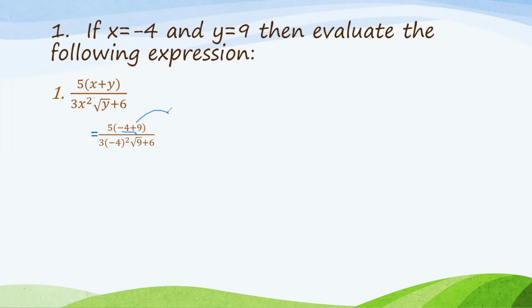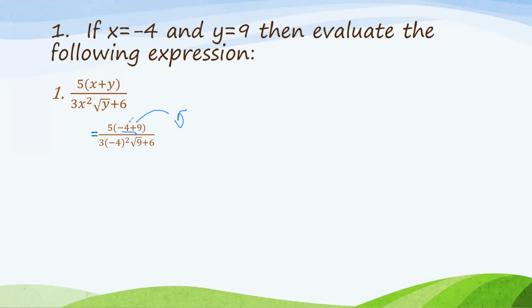Minus 4 plus 9 gives you 9 minus 4, which is 5, right? What will be the answer? 9 minus 4 gives you the answer 5. So in the numerator, you get 5. How do we get 5? There is a different sign, so we have to subtract. And 9 minus 4 is 5.